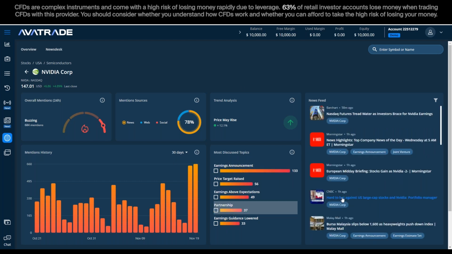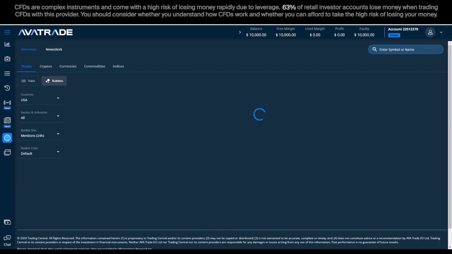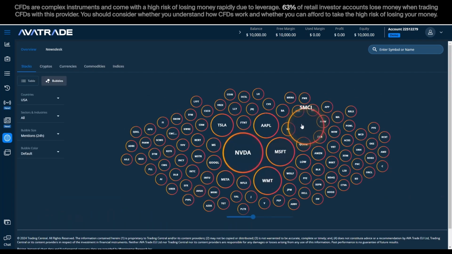Okay, all these things can be reviewed. In here, you also see the expected difference, the price may rise, all those kinds of things which you can go through and just enhance your fundamental analysis with NVIDIA. Of course, it doesn't have to be NVIDIA. As I just showed you, you have many things to choose from, which are popular now and mentioned online.